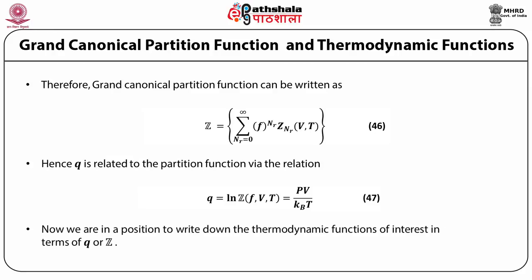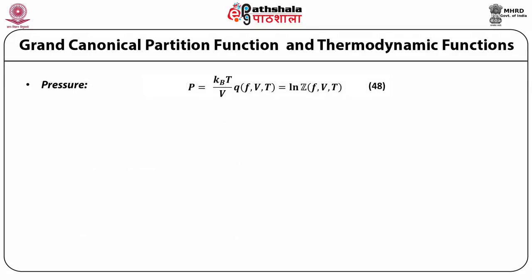Now we are in a position to write down the thermodynamic functions of interest in terms of either Q or Z. Pressure can therefore be obtained as P equal to kBT upon V multiplied by Q as a function of fugacity, volume and temperature, equal to log of the partition function as a function of fugacity, volume and temperature.